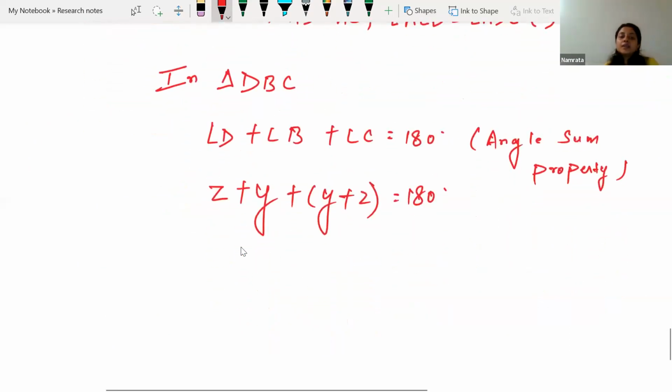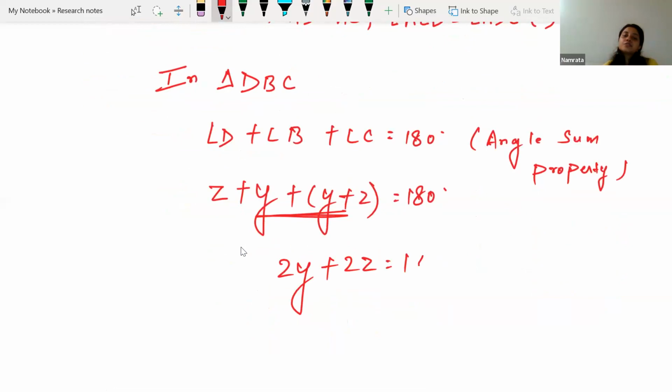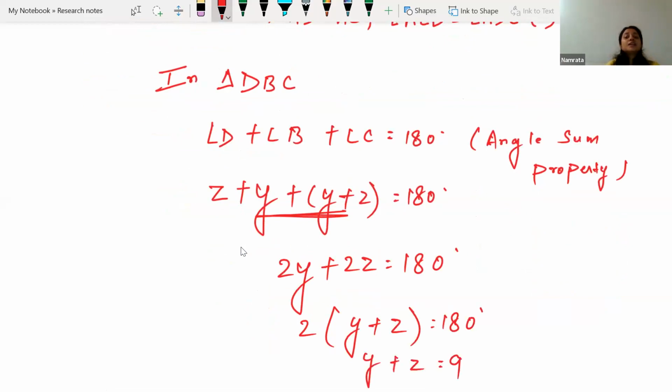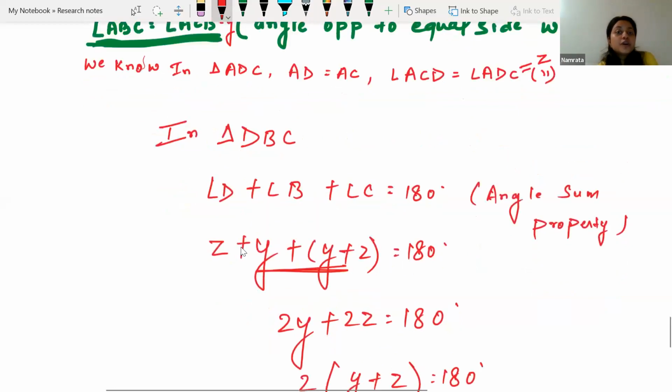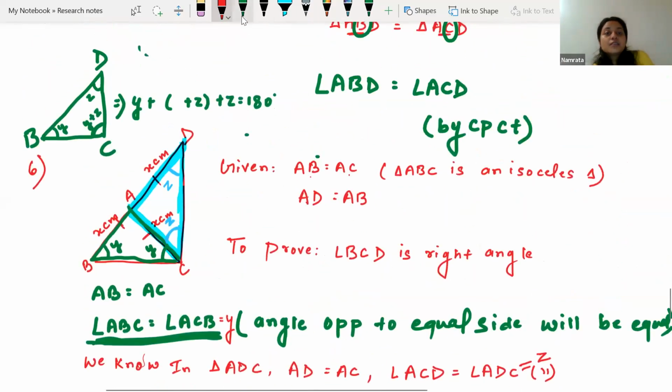From here we get 2y plus 2z is equal to 180. Taking 2 common, y plus z is equal to 180 by 2, so y plus z is equal to 90 degrees. What we wanted to prove over here is that this complete angle, this purple one, is 90 degrees.